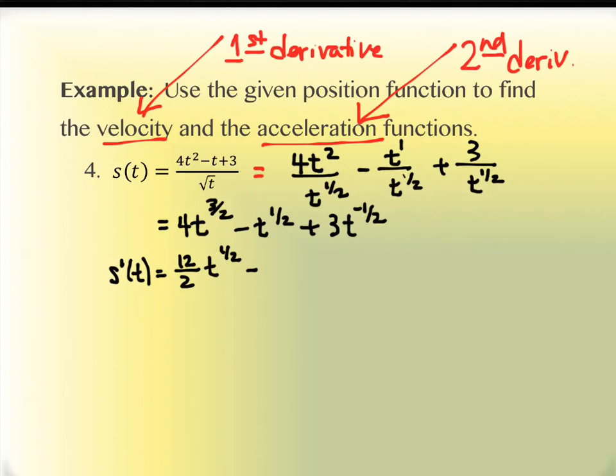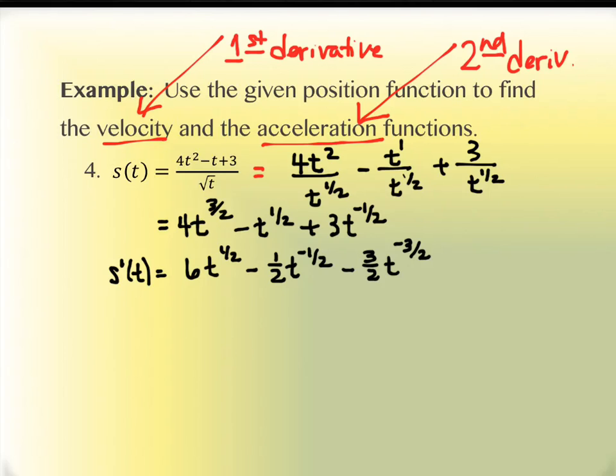T to the, good, 1/2 t to the negative 1/2. How about 3t to the negative 1/2? We're going to get a minus, right? Right. Negative 3/2 t to the negative 3/2. Excellent. I'll just do the one step right here, since I wrote it earlier, and we'll make that 12/2 a 6, like you mentioned.